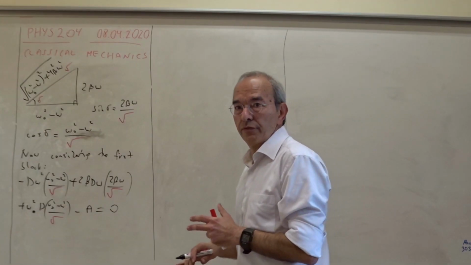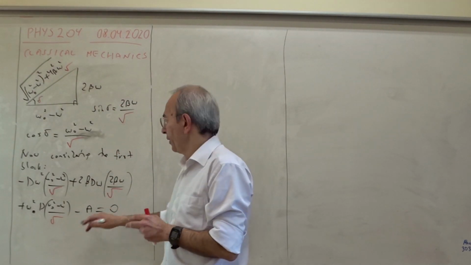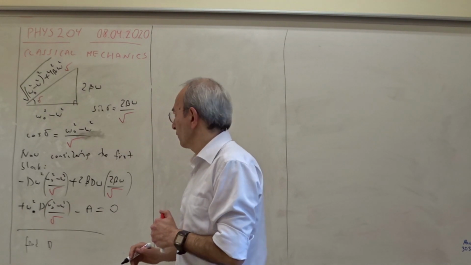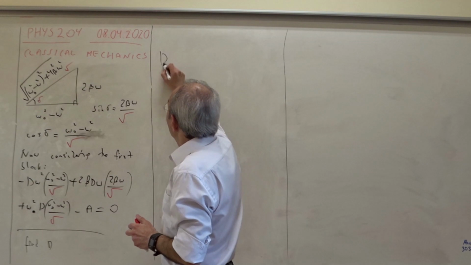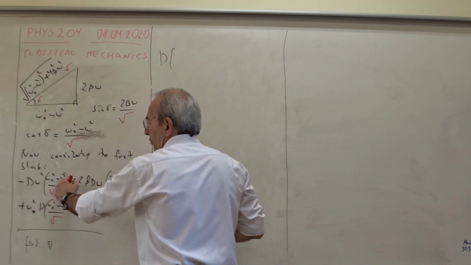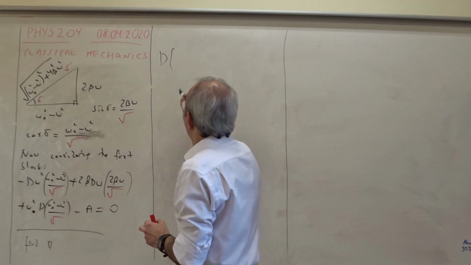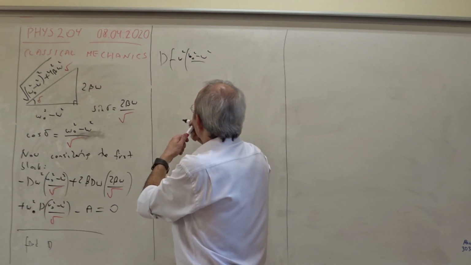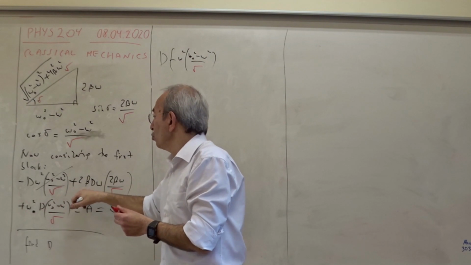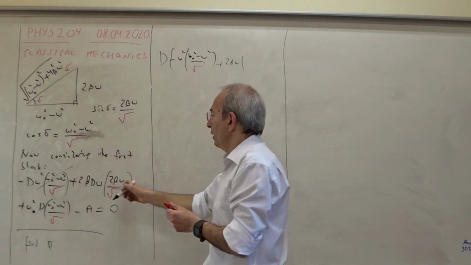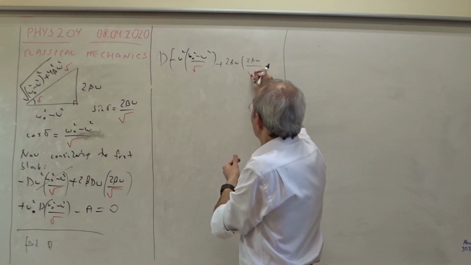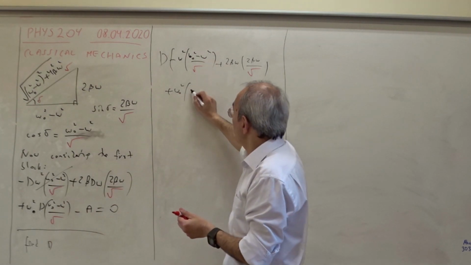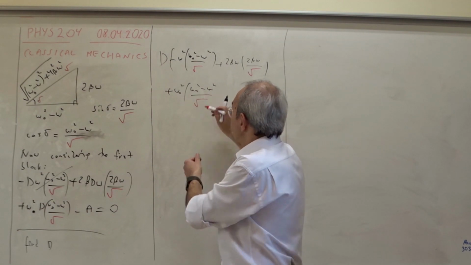And then what do we get here? We don't have cancellation of D everywhere because there is a term which doesn't have D. So we can go to find D. Now find D. If you leave aside D multiplied by: minus omega squared from the first, omega 0 squared minus omega squared over the root, plus 2 beta omega, another 2 beta omega over the root, plus omega 0 squared, and this same parentheses, omega 0 squared minus omega squared over the root.